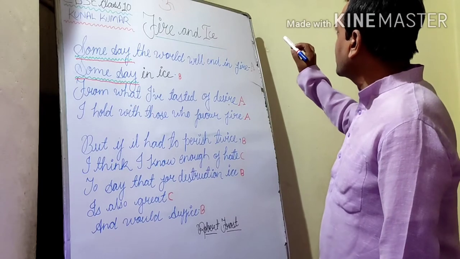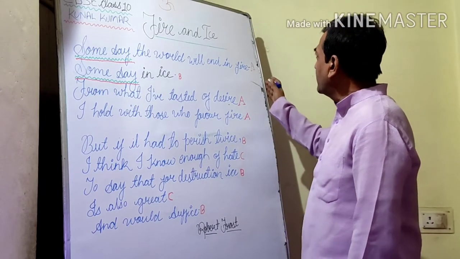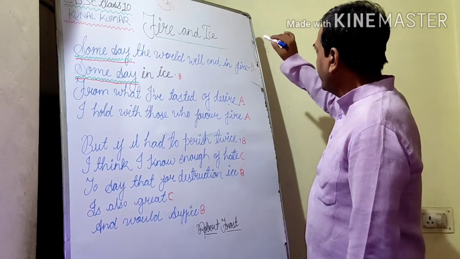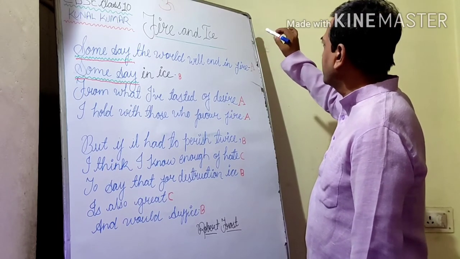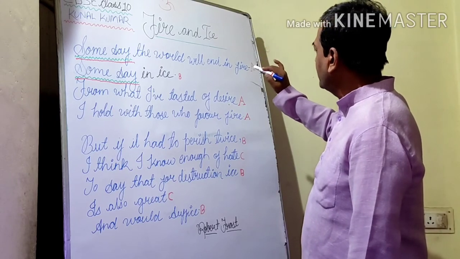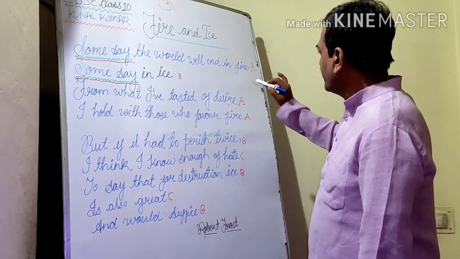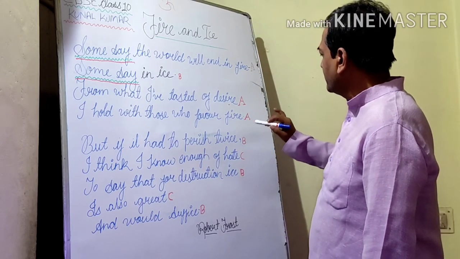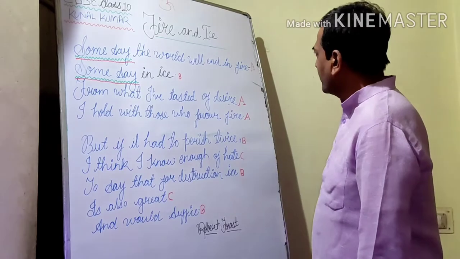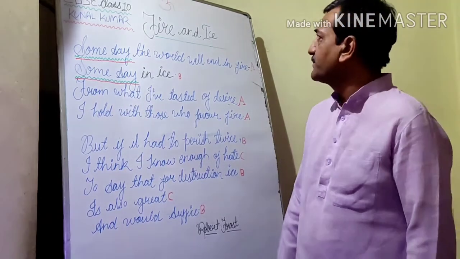So the rhyme scheme used in this poem, here you can see at the end of the lines, is A, B, A, and then in the second stanza, B, C, B, C, B. So this is the rhyme scheme used by the poet.